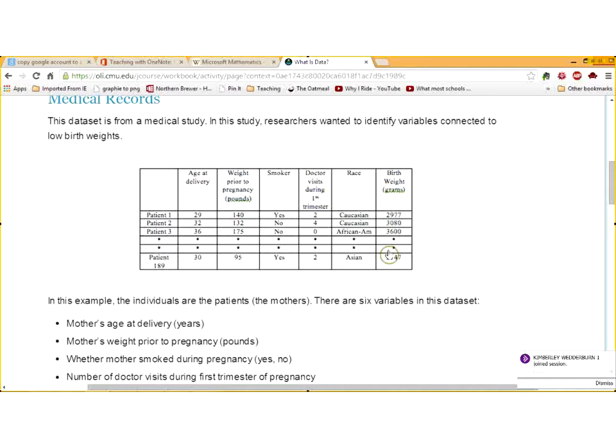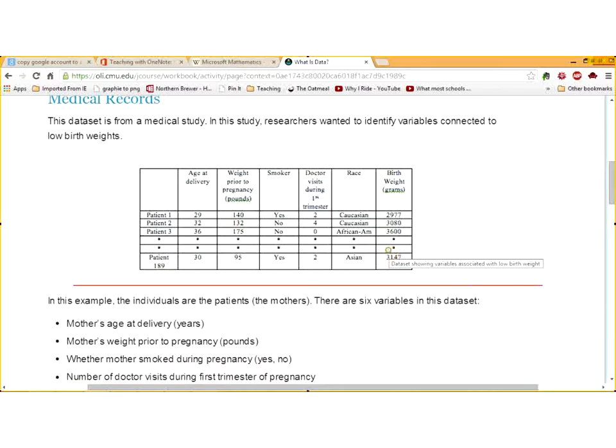So each of these labels at the top here is a variable. A variable is something that's going to take on a different value for each individual. It may be the same for two different individuals, but in general it can vary between individuals.